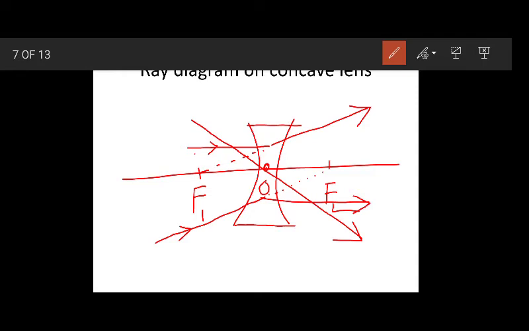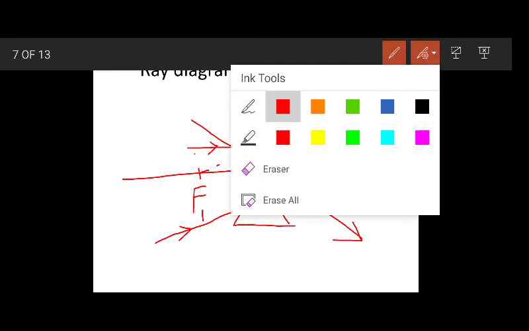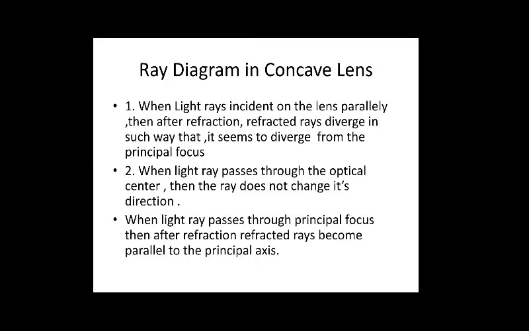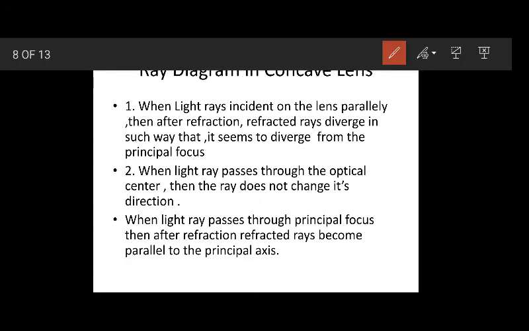So already we have learnt about this, now we'll write how we write. When light rays incident on the lens parallel to the principal axis, then after refraction, refracted rays diverge in such a way that it seems to diverge from the principal focus.